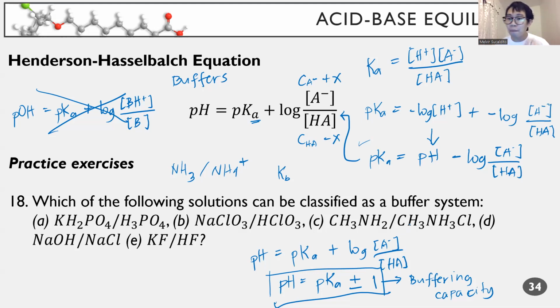So if the acetate ion is very low, when you add a strong acid, it might almost use up the weak base and the pH will shoot up. So this is the acceptable range. Ideally, pH must be equal to pKa to make a perfect buffer.